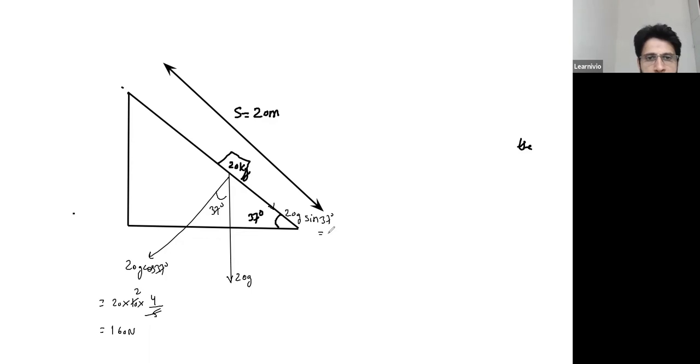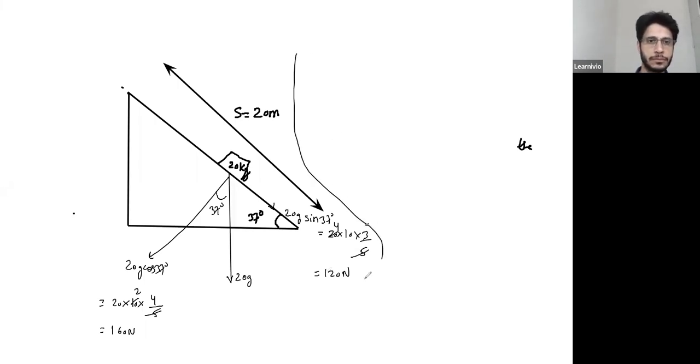And 20g sin 37 is 20 into 10, sin 37 is 3 by 5, so it's 120. So that's 160 Newton and this is 120. That's it.